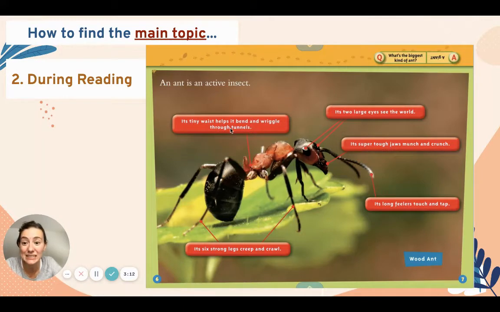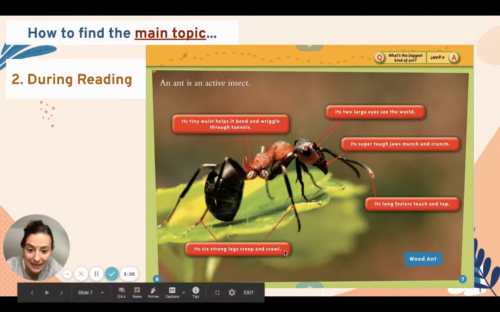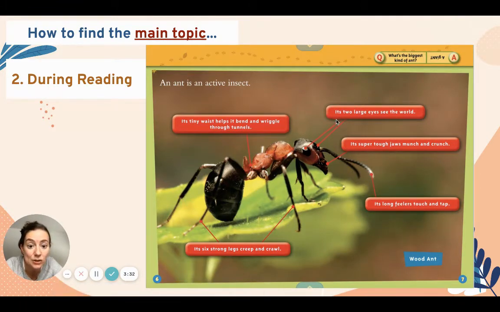All right, friends, let's read the next page. An ant is an active insect. Its tiny waist helps it bend and wiggle through tunnels. Look, a label. Right here, there's the waist. Its 6 strong legs creep and crawl. There's the legs pointing to it. Its 2 large eyes see the world. Wow. Its super tough jaws munch and crunch.